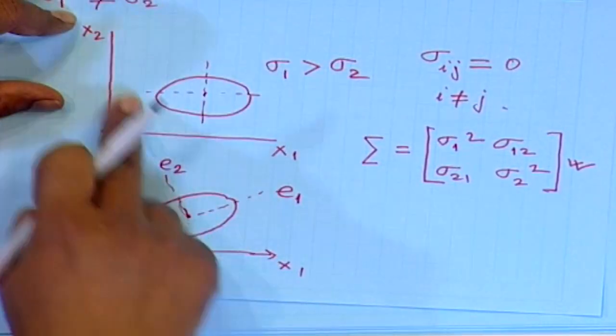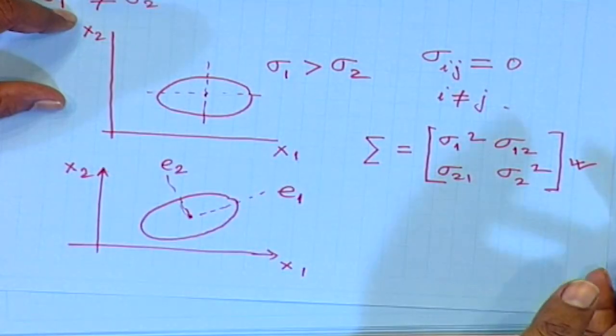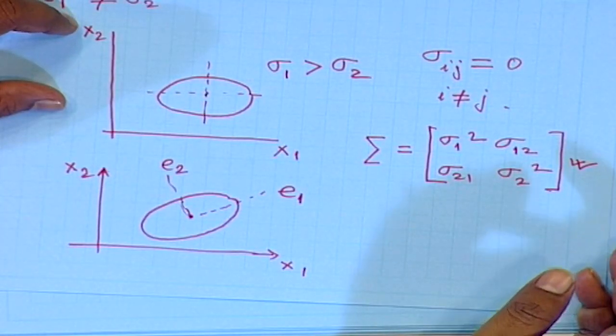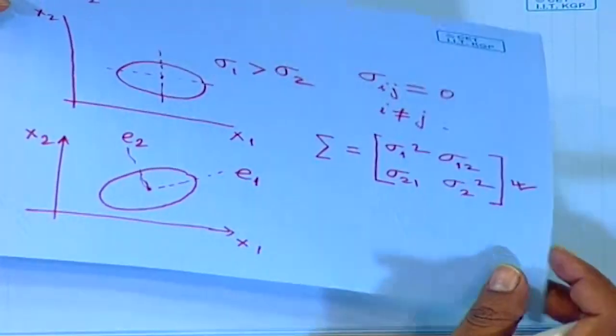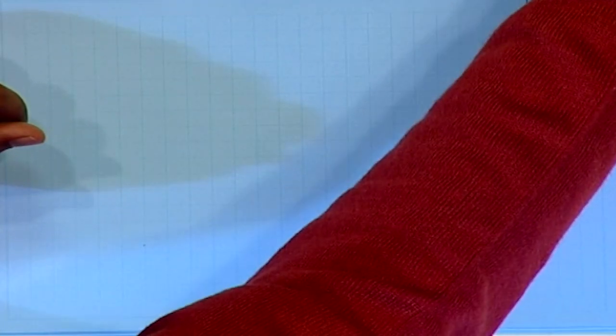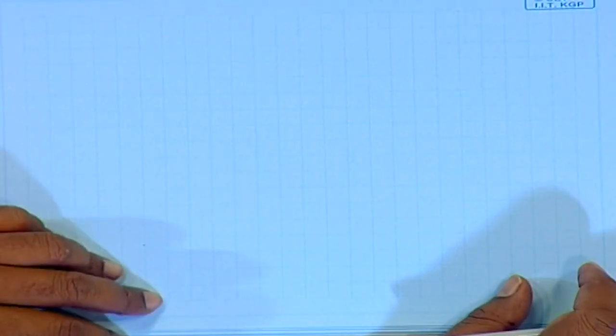As in this case the loci of points of constant density form ellipses, in multi-dimensional space the loci of points of constant density form ellipsoids.